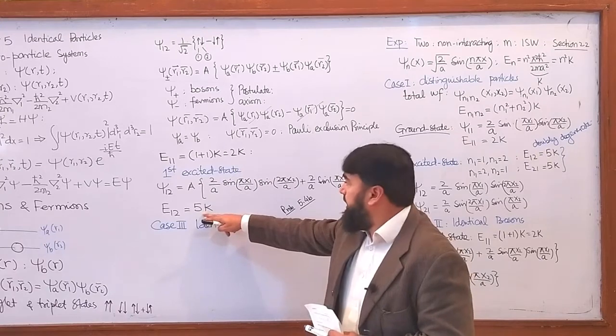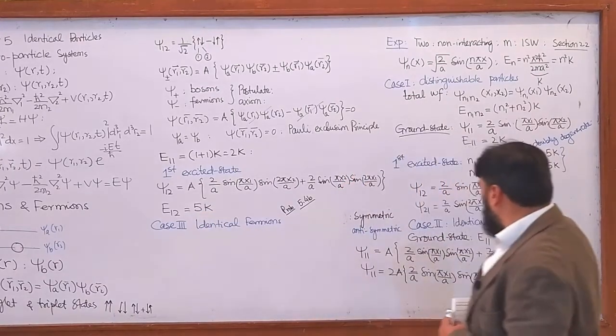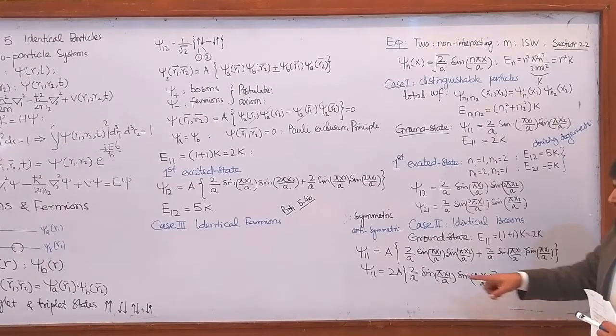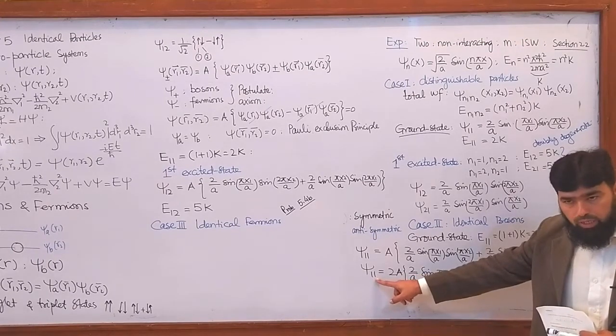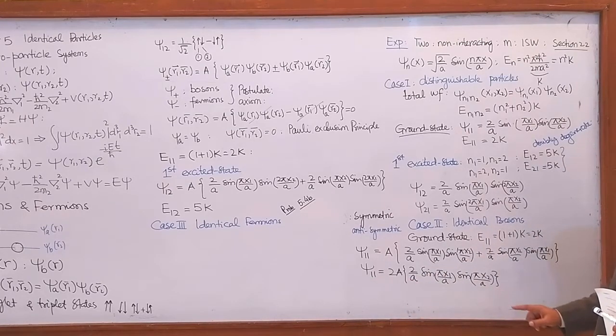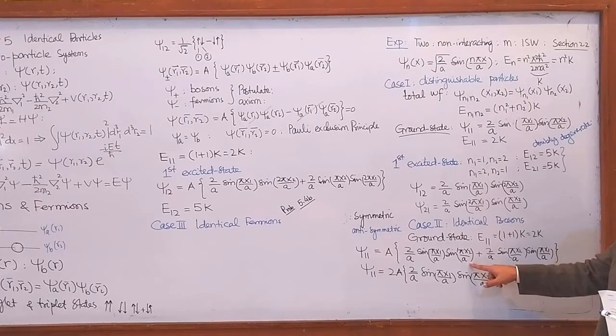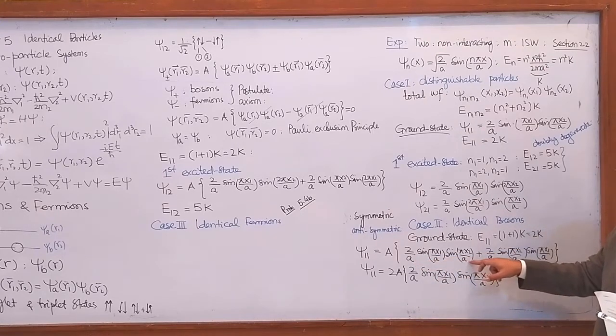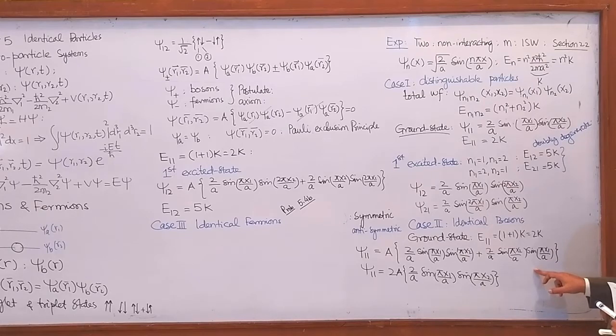So let's come to the state which has energy, meaning psi 1, 1. And it had the energy 2K. Now I will write the same for the fermions. Look here. This will come out to be the same, and this will come out to be the same because it is psi 1, 1. Clear?